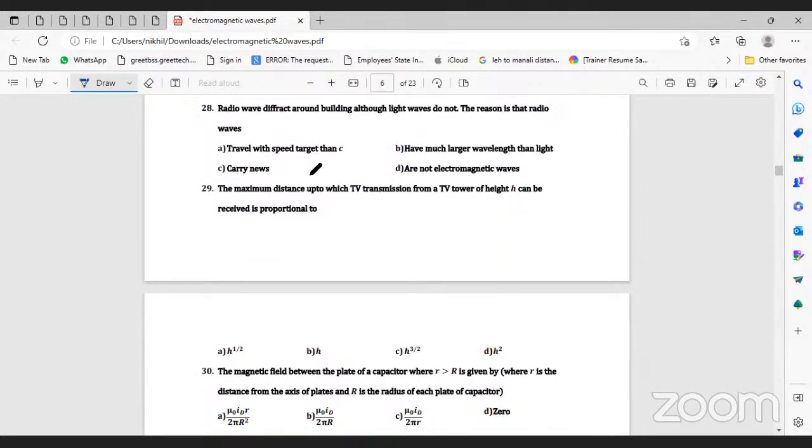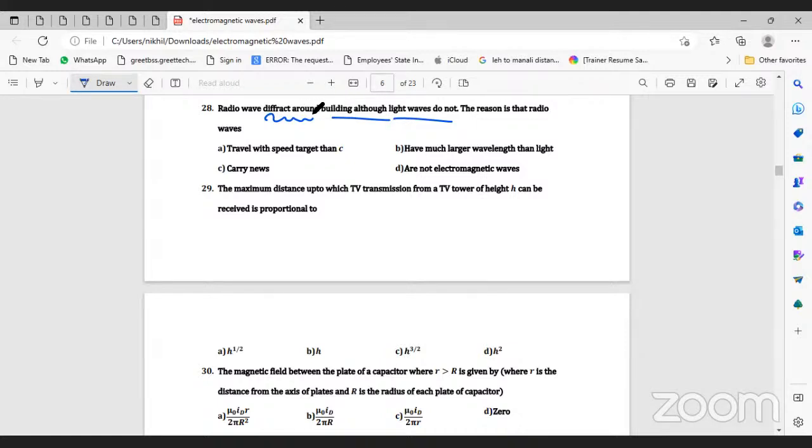Look at this question. Radio wave is going to diffract around the building, though the light waves do not. Radio wave can diffract, but the light wave cannot get diffracted. What may be the reason for this case they are expecting?